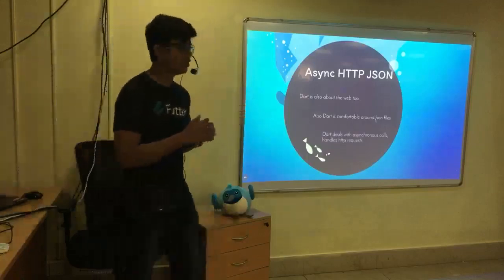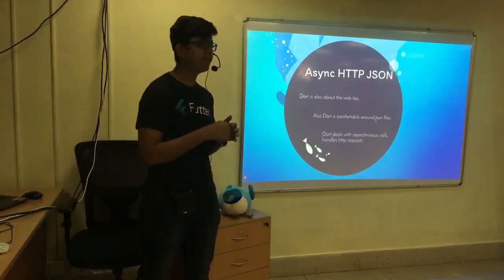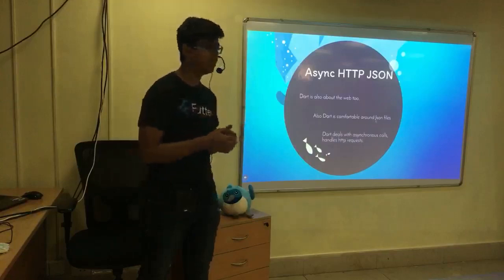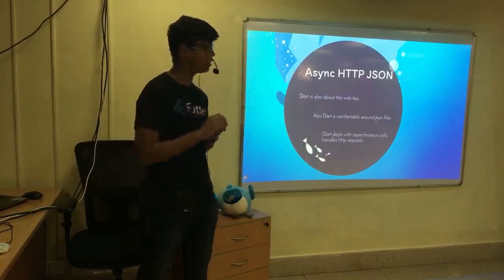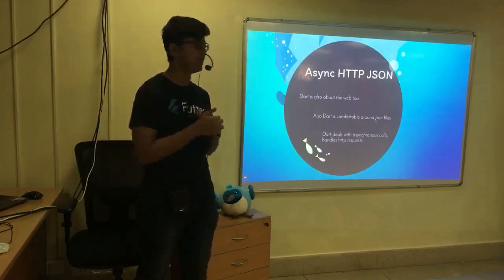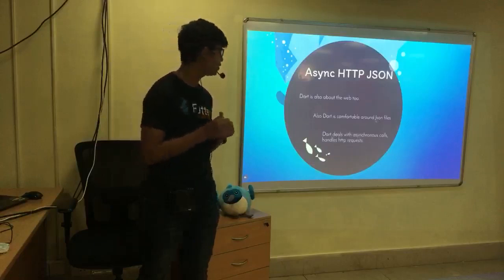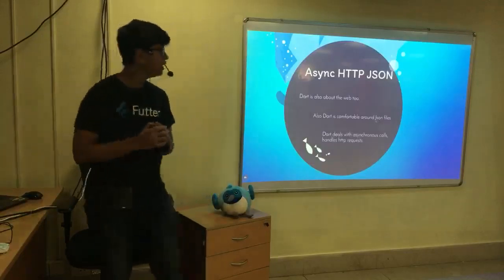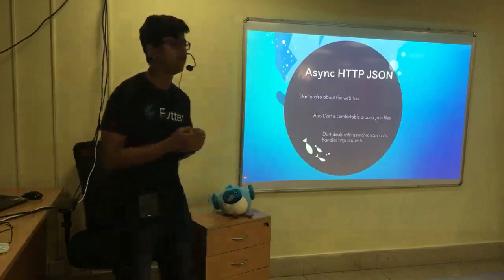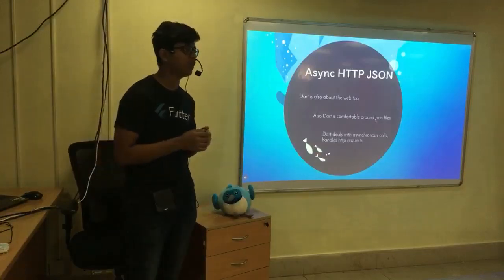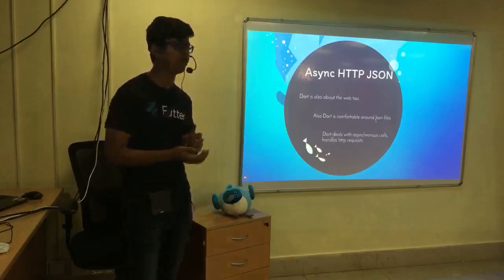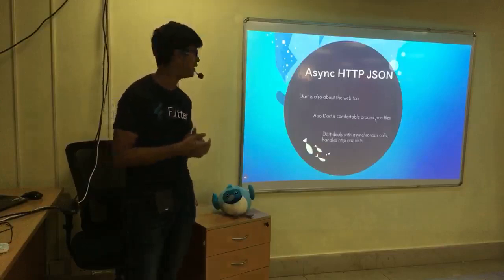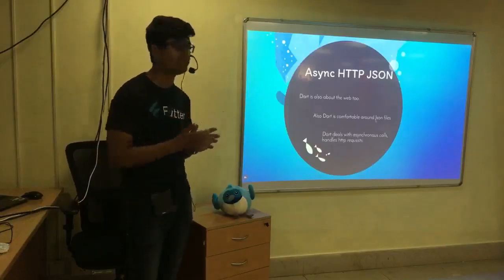When we are trying to communicate with the internet, we use HTTP. Dart has its own HTTP package, which we can use. Suppose you want to download a file or host a file on one of our servers, then we need the HTTP package.